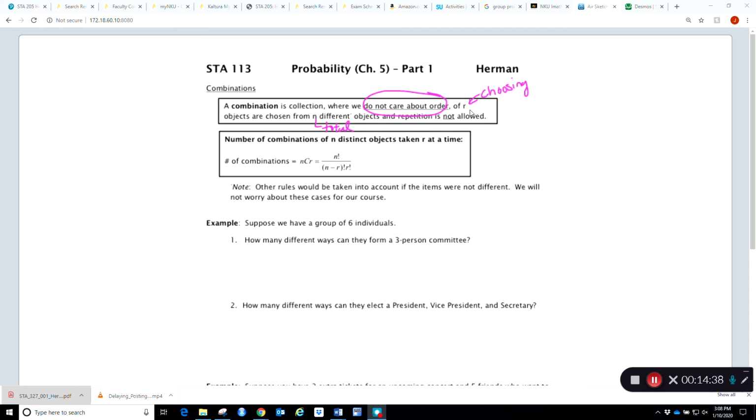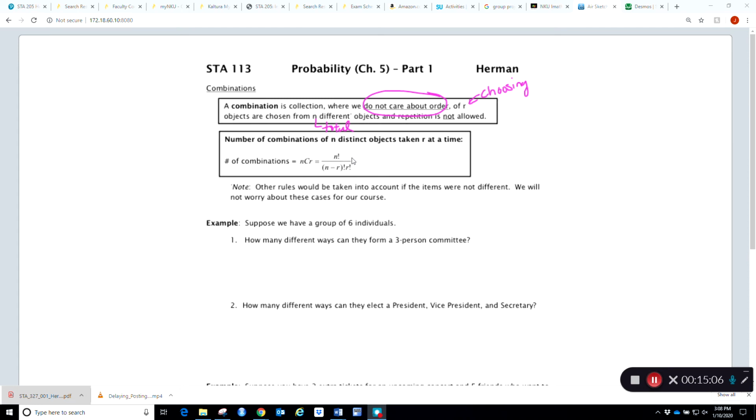Now to do combinations, it's this NCR key, and it's n factorial over n minus r factorial times r factorial. You'll notice the main difference here is the additional r factorial on the bottom that is there for a combination and not there for a permutation. What that is doing is getting rid of all of those duplicates.